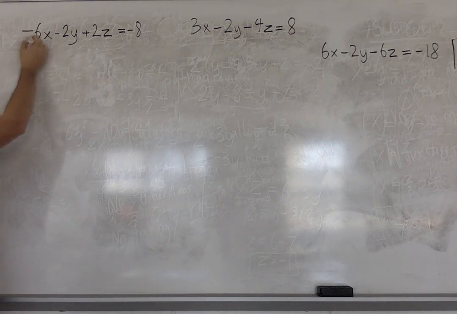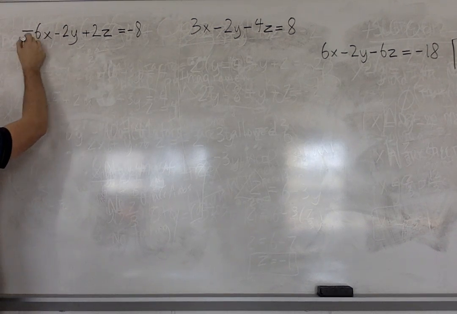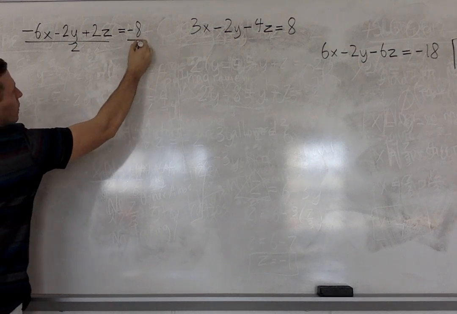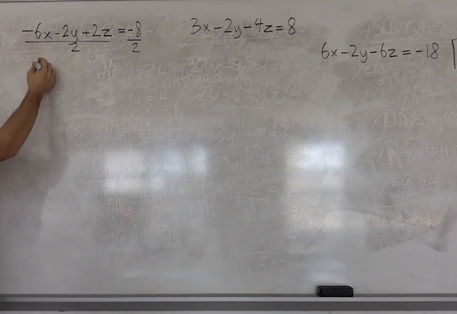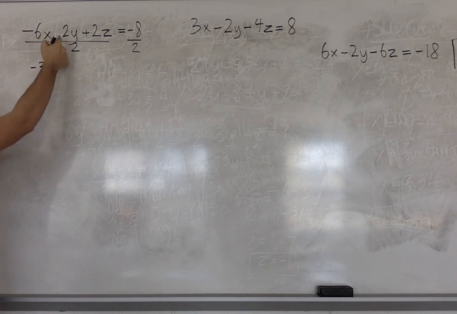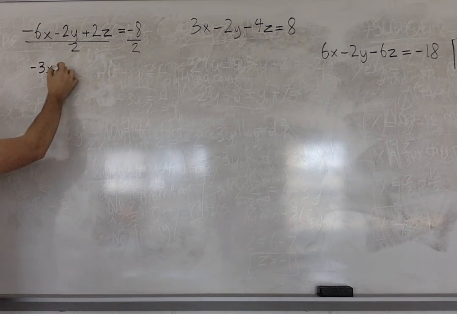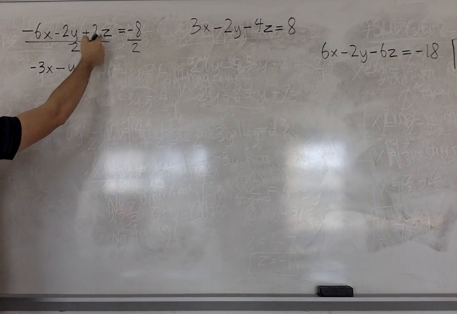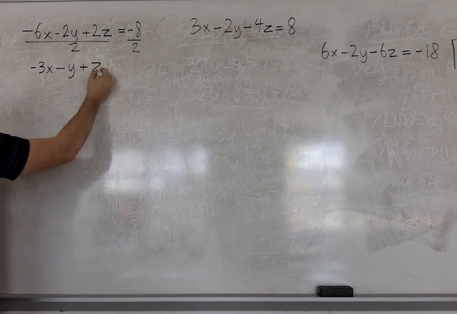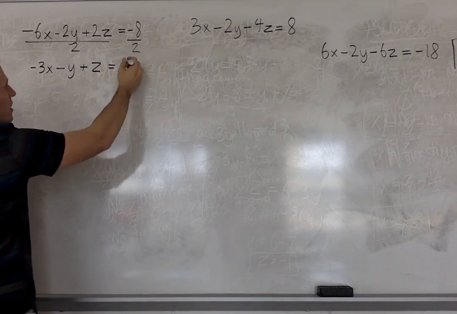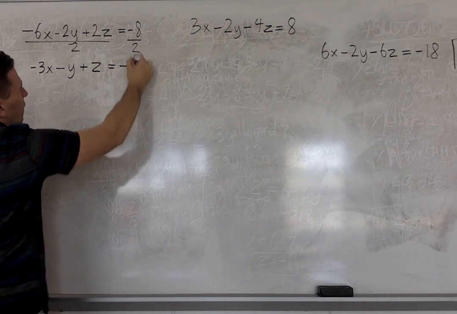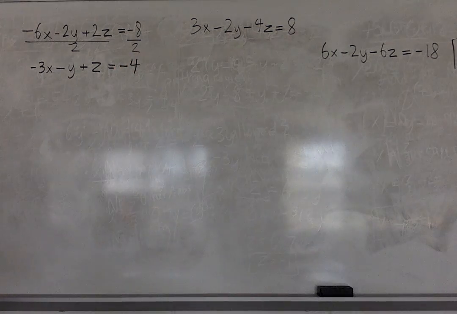So I'm going to divide the entire left side and the entire right side by 2. And that should give me, okay, negative 6 divided by 2 is a negative 3x, a negative 2y divided by 2 is a negative y, and a 2z divided by 2 is just a z, and that whole thing is equal to negative 4.